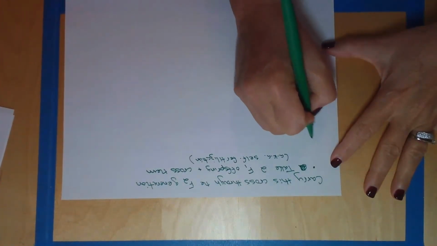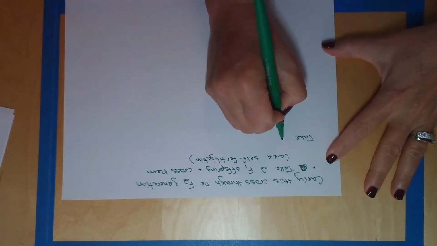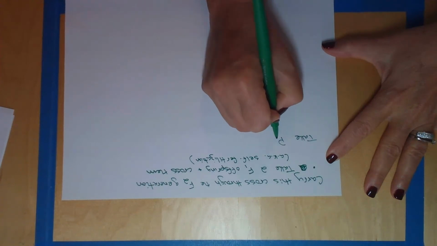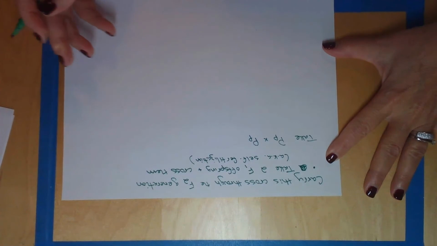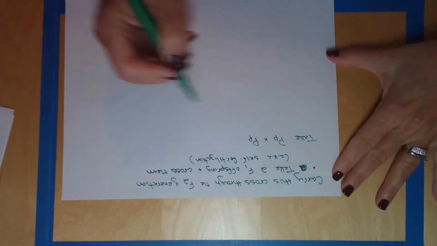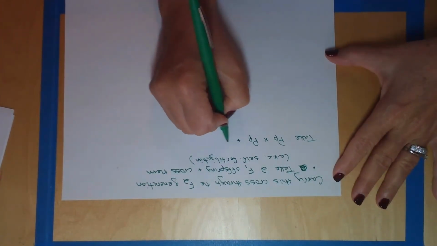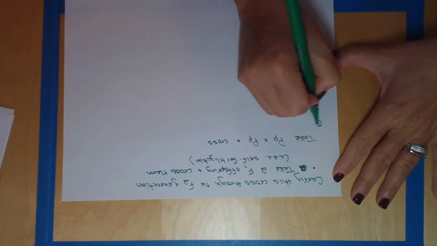All right, so this is what we're going to do. So we're going to take two of those F1 offspring. Now it doesn't matter which two because they're all the same. They're all big P, little p. They're all purple. And we're going to cross them. Now, remember our steps.